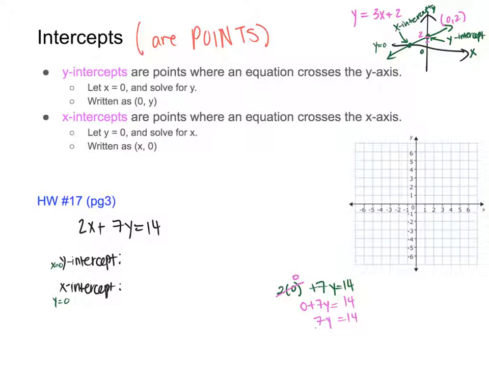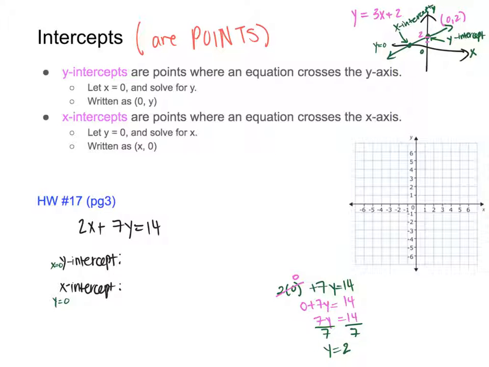If I divide both sides by 7 to get the y by itself, y is equal to 2. So in this case, my y-intercept is going to be (0, 2), right?